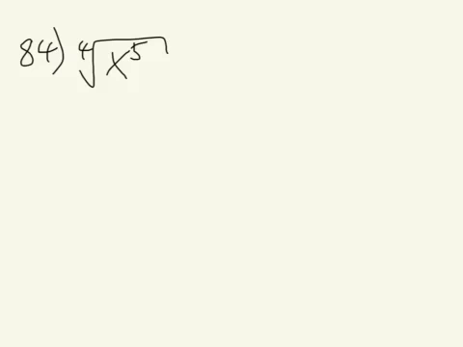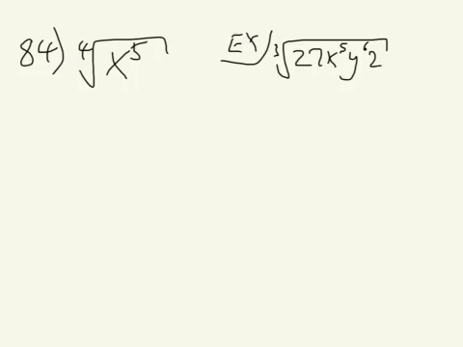It may be worth showing you a quick example to the side here. I think one of my classes we did this. This is my favorite example of all time. Cube root of 27, x to the 5th, y to the 6th, z to the 7th. It may not have been exactly this one.